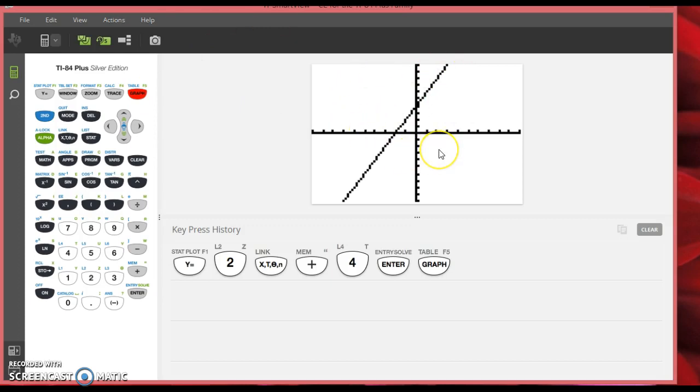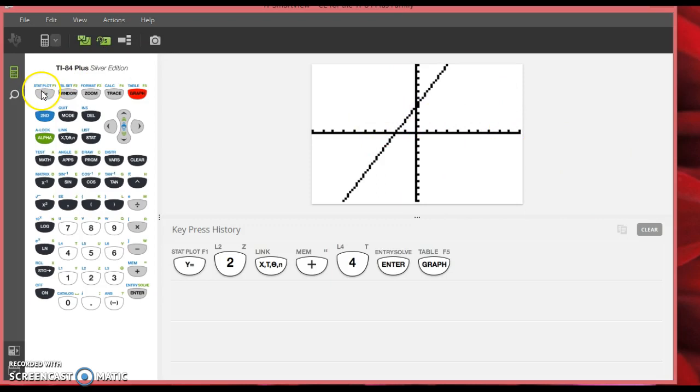Your window, this little screen, is called the window. It is automatically set up to be x maximum of 10, x minimum of -10. So it goes from 10 to -10, y max is 10, y min is -10. So that's where that graph is going to show up.